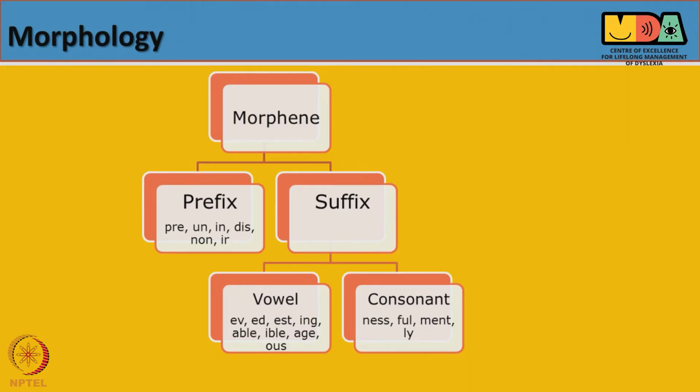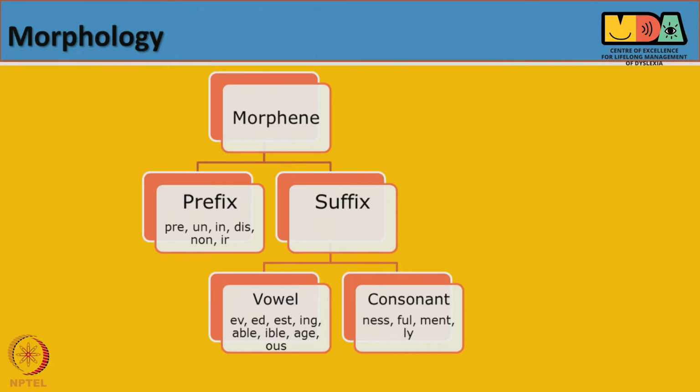Consonant suffixes, again pretty simple, are suffixes that begin with a consonant like ness, full, ment and ly to name a few. The vowel suffixes, however, are where all the rules come up. We have vowel suffixes like ed, est, ing, able, ible, age and us.